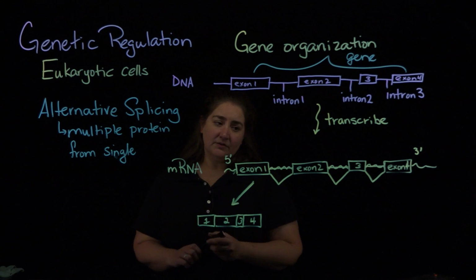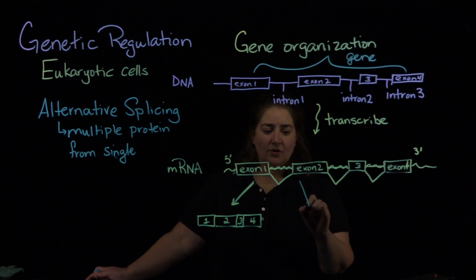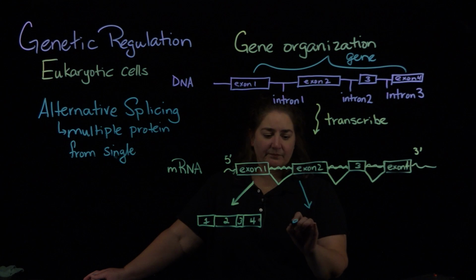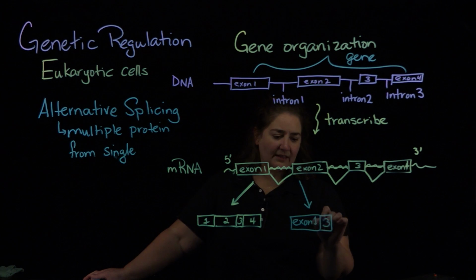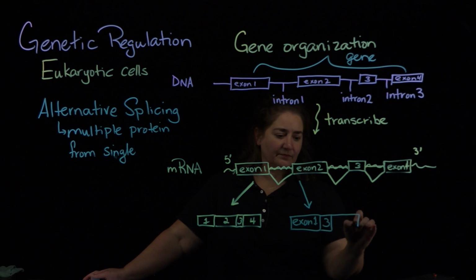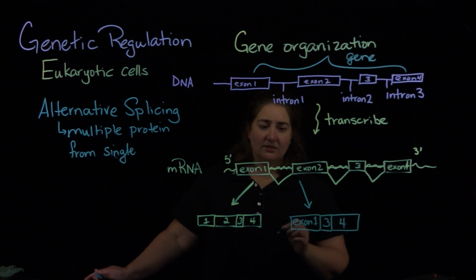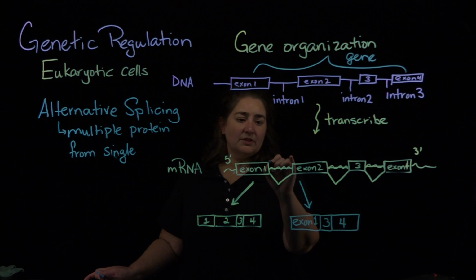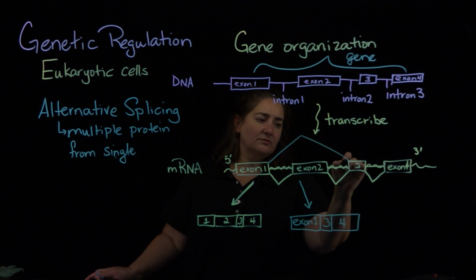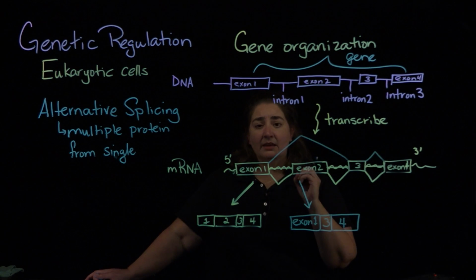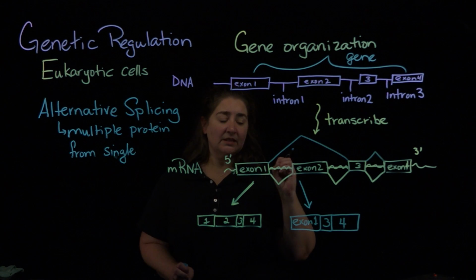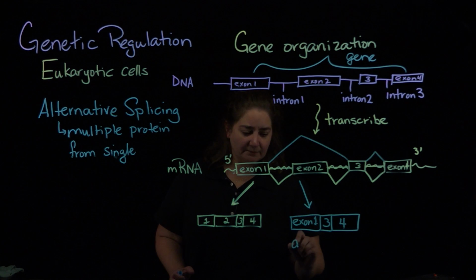Where the alternative splice comes in, we might have another option where we get exon 1, exon 3, exon 4. So in this case, our splicing pattern would go something like this. Okay? That's what it means to be an alternative splice product.